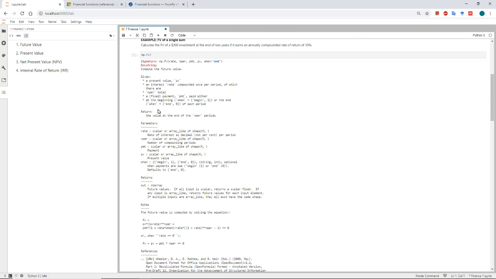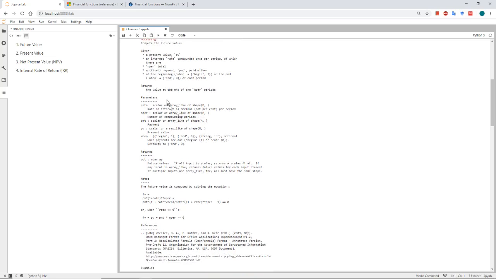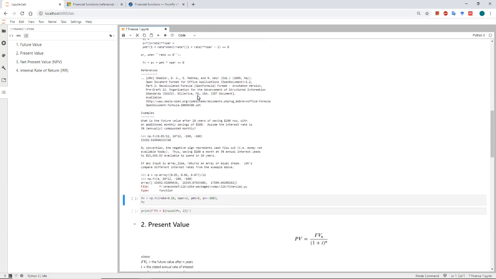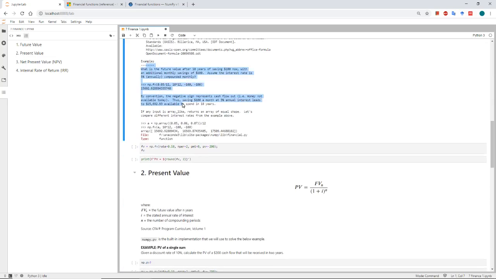These are the parameters: present value, interest rate, number of periods, fixed payment if it's there, and whether that payment is at the beginning or at the end. It returns the value at the end of the number of periods, and it also gives an example here.